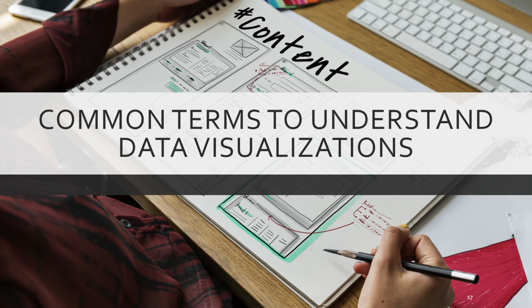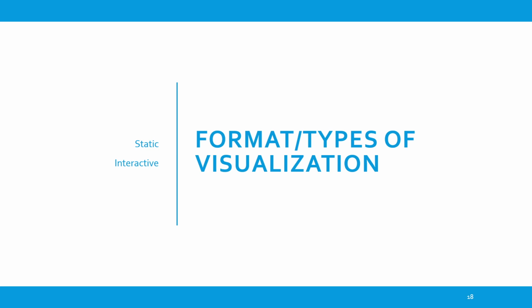The first element that we want is the format or the type of visualization. I already talked a little bit about this, and we can have two formats or two types of visualization. One is static, and the other one we call interactive.